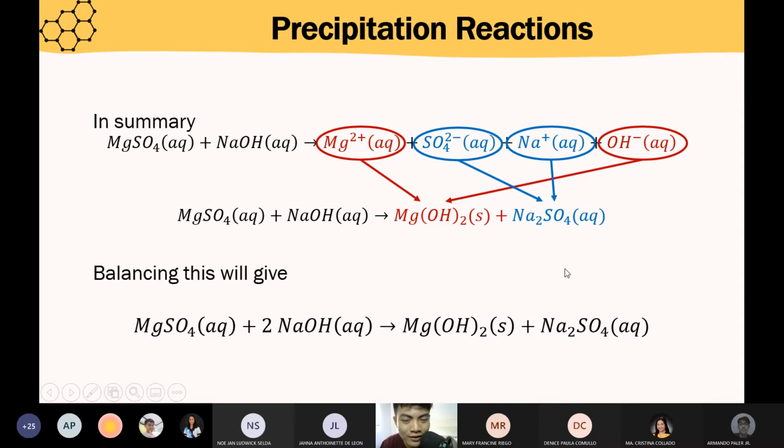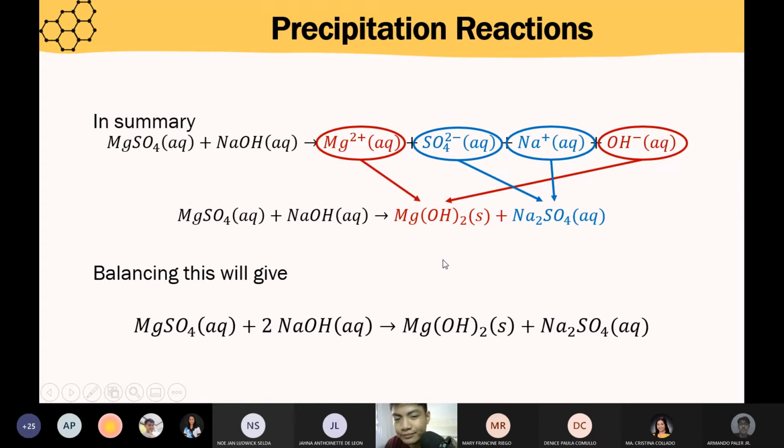So, this is our reaction and we just determined that it can form precipitates. Okay? So, balancing reaction will give you this. However, in my case, I don't care muna about the balancing kasi madali lang naman gawin yon. Okay? So, for now, basta ang gusto ko lang malaman nyo is yung how to determine the precipitates. Okay?